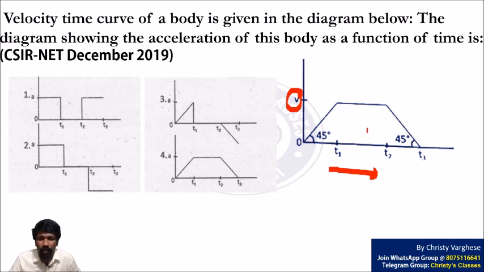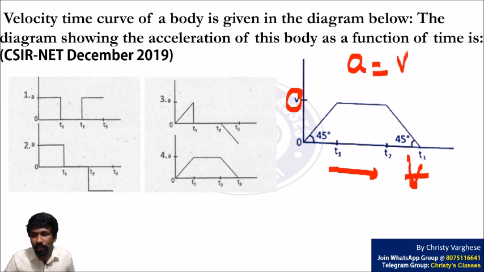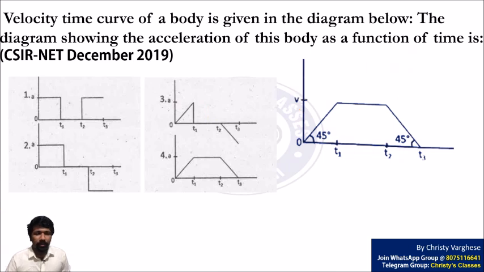If you convert the velocity time graph into an acceleration time graph, which among these four options is correct? Your basic understanding that acceleration is the rate of change of velocity is all that is needed here. Then you have to eliminate answer options. Here velocity is increasing at a constant rate. That is what this graph means.